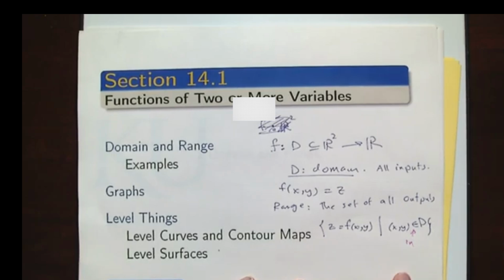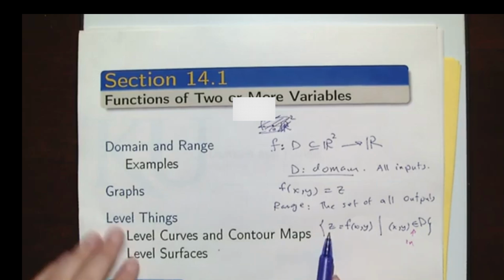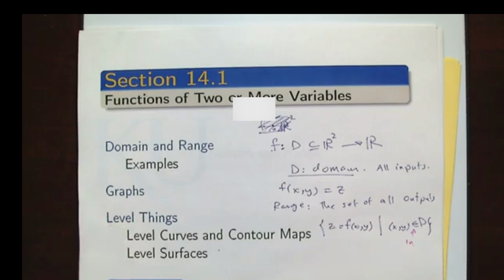If you haven't seen it, it's a good time to learn it. Sometimes people call it epsilon, the lowercase epsilon. It means in. It means this point is in the domain. So that's the range. It's the set of all the outputs, so all the outputs give you a z.